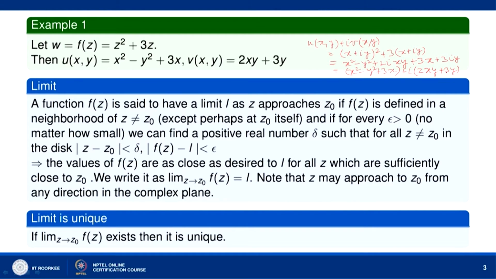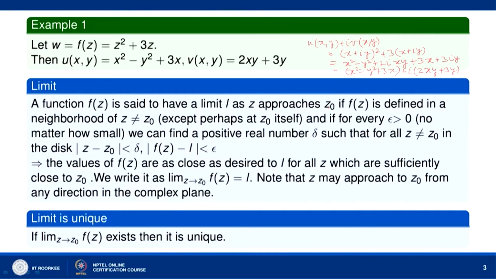So, equating real and imaginary parts, u(x,y) is equal to x square minus y square plus 3x and v(x,y) equal to 2xy plus 3y. So, you can see that the real and imaginary parts of w, that is u and v, are functions of x and y.